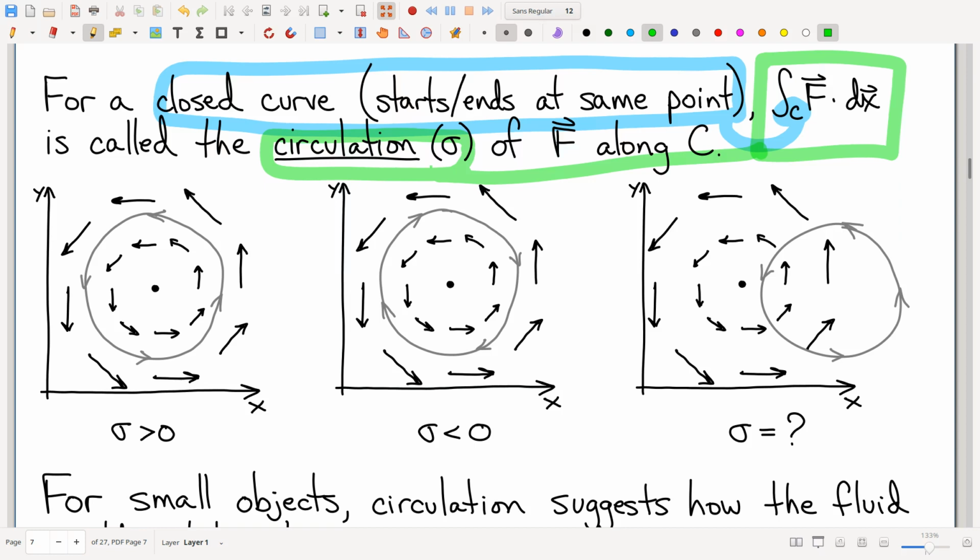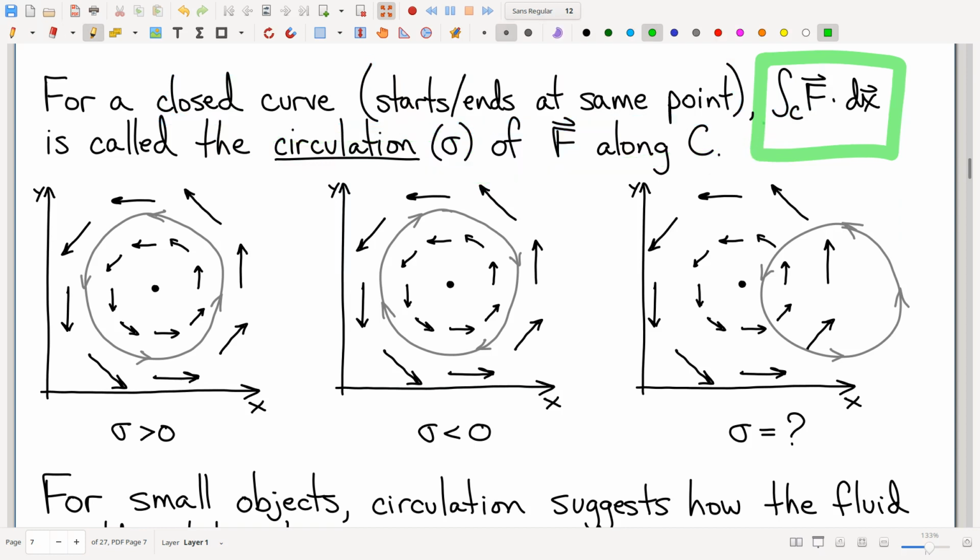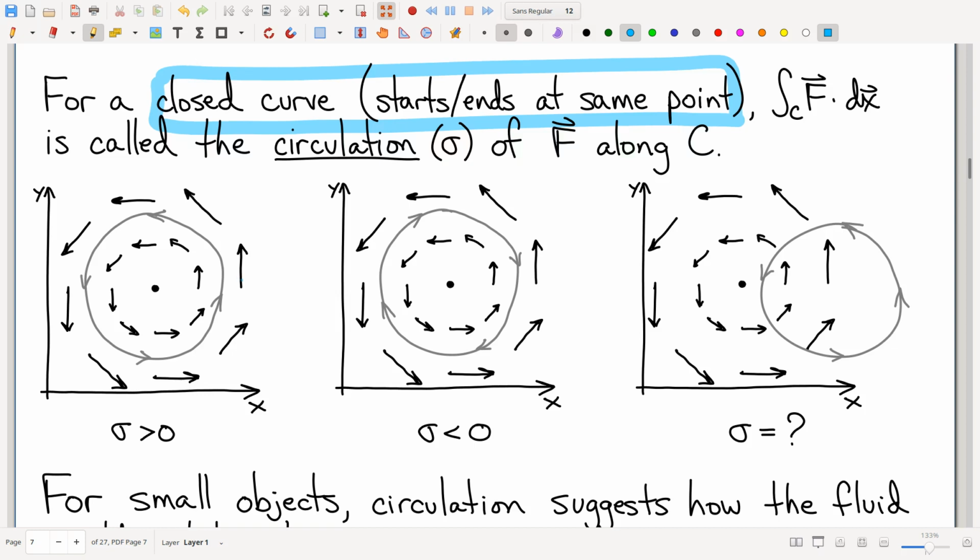And now let's just think that through. How do we adjust our interpretation of this vector line integral based on the fact that the curve is a closed curve? And here's the idea. If you have a closed curve, then you can draw it like so. It starts and ends at the same point. But now let me talk about the tangent vectors to that curve.